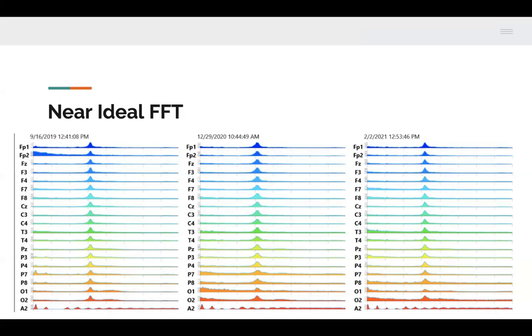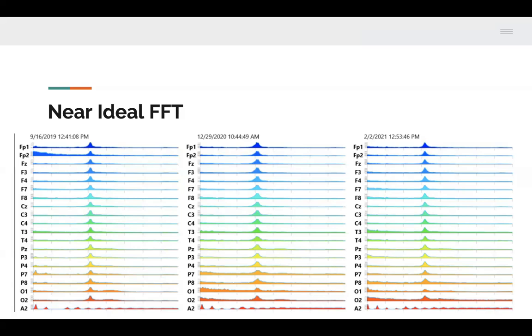Above the occipital lobe is the crown of your head. And the crown of your head is the designations PZ, P3, P4, P7, and P8. They're right above the occipital lobe. In EEG designation, Z refers to the center. So PZ means it's right in the middle. P3 means it's to the left of it a little bit. P4 means it's to the right of it a little bit.